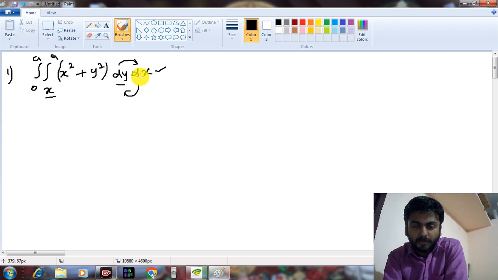So if I am changing to dx first, I cannot simply write the limits of y for the inner integral and the limits of x for the outer integral. If I write like that, it will not be correct.